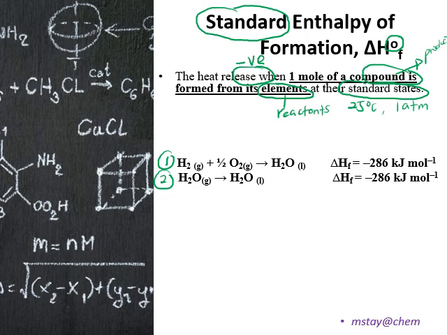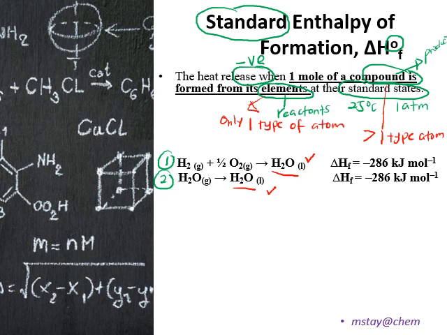As we understand, a compound is any substance that contains more than one type of atom. When we look at H2O, it fulfills the meaning of compound, formed from its elements, and elements can only consist of one type of atom.